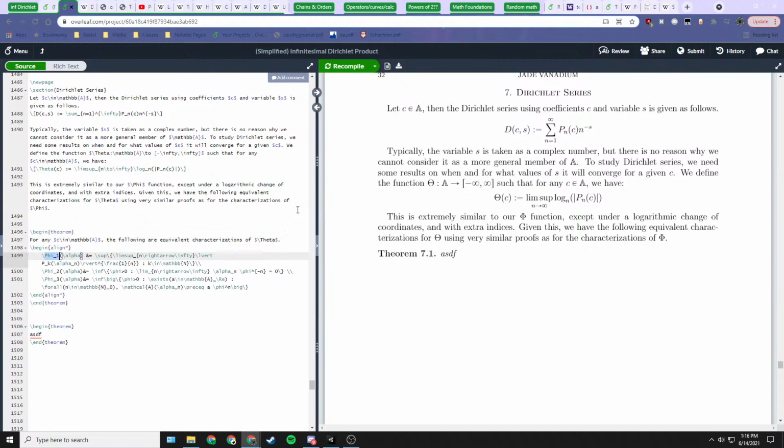Instead of phi's, we'll have thetas, and instead of alpha, we'll have c. The first one is just the standard definition that we've already presented. So that would be this one.